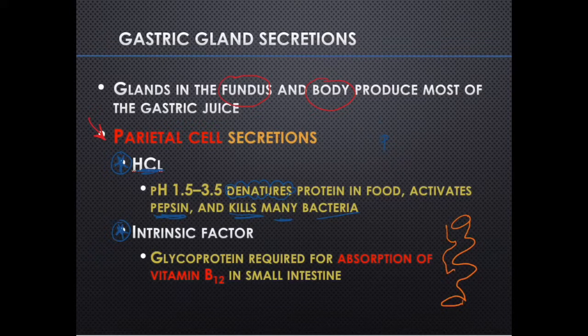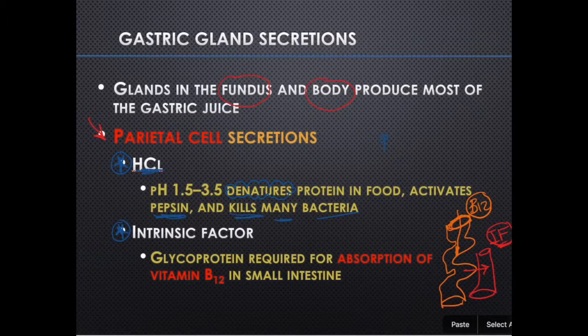So you see on here, traveling down from the stomach to the small intestine, we're going to have the food on here, and it contains vitamin B12. In order for me to conduct vitamin B12 from my small intestinal cells to my blood, I need to have intrinsic factor. And the intrinsic factor is going to be released up here from my stomach.